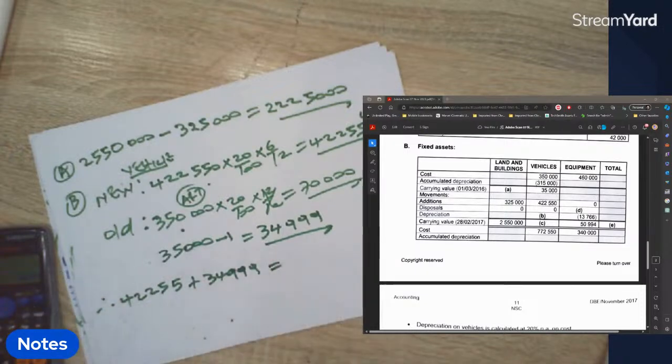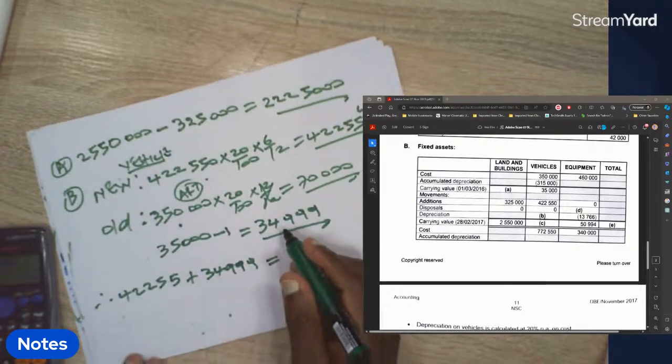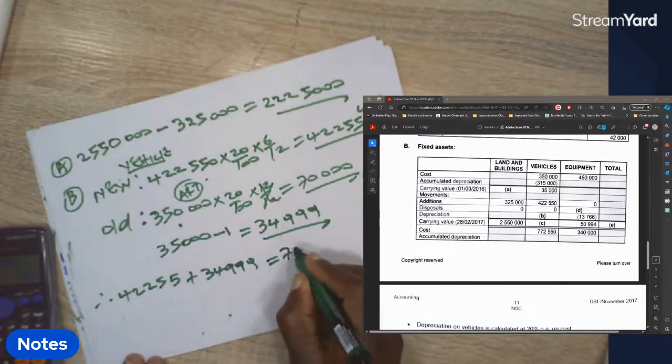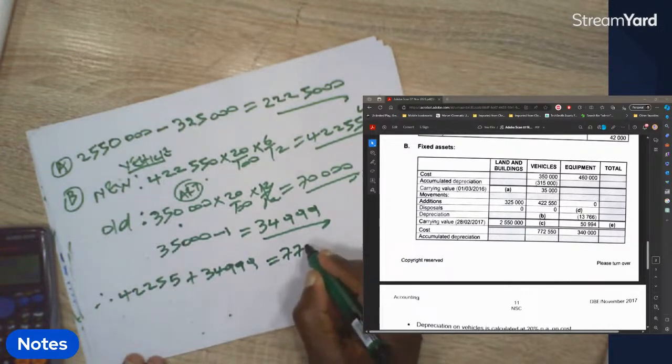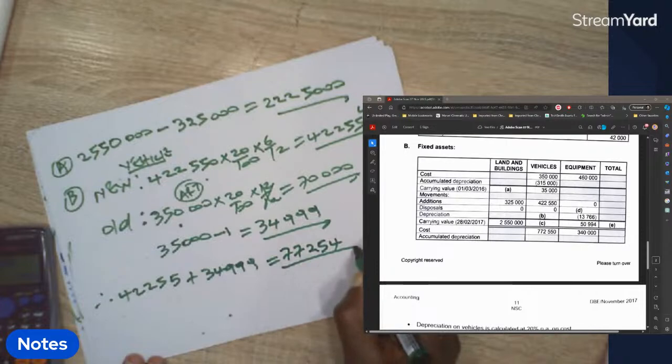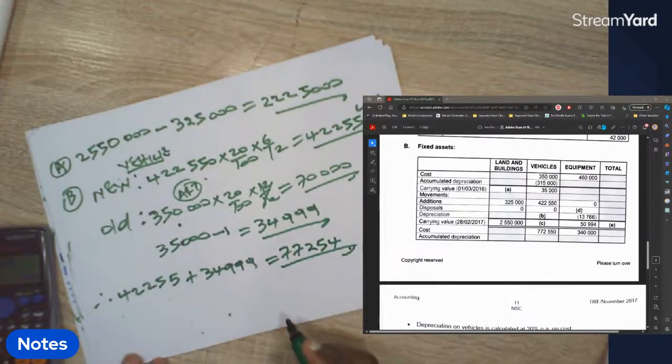Let's add: 4,225 plus 34,999. So our depreciation will be 77,254. That will be our depreciation.